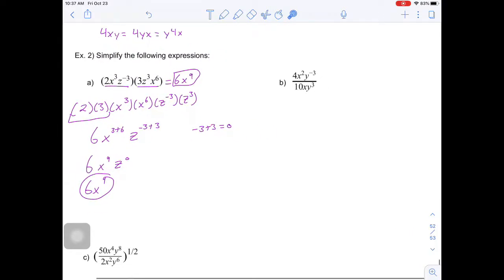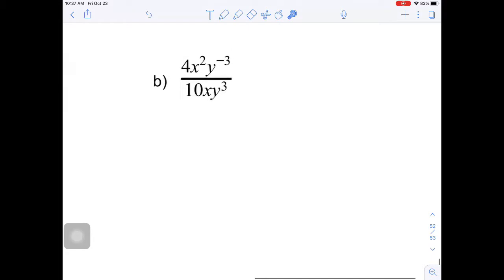Okay, let's move on to b here. So b, how am I going to deal with this? Well, I have numbers dividing each other. I have similar bases with exponents, so I'm going to use a few rules here. First of all, 4 over 10, both of these things are divisible by 2. So that gives me 2 over 5.